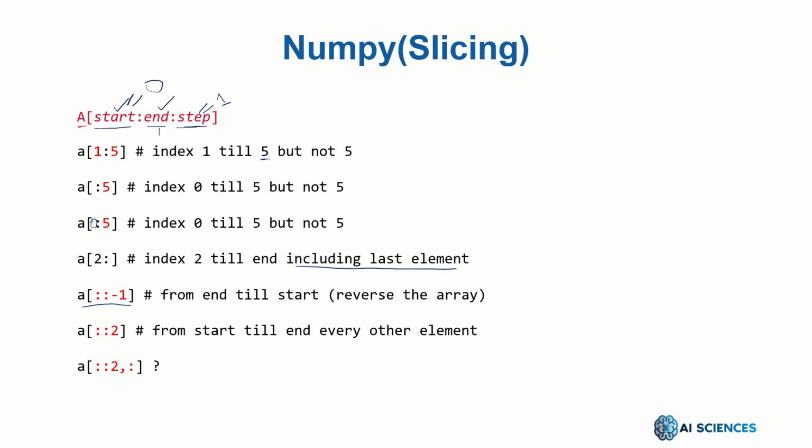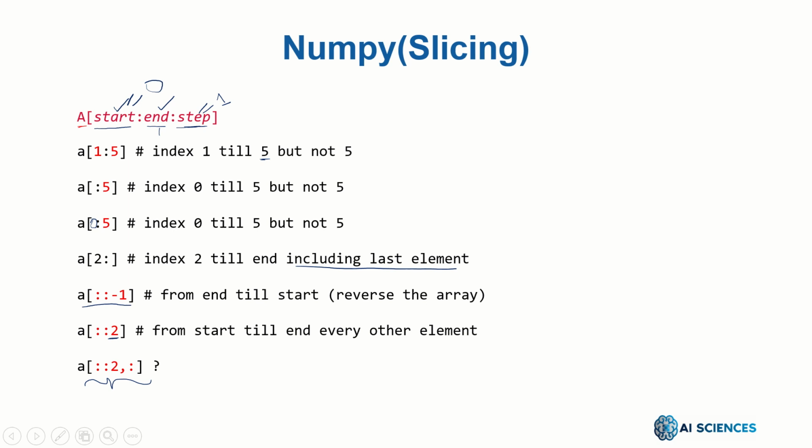So it will reverse the whole array. In this case, you take a jump of 2, and this particular one is an example of a two-dimensional array. If A is a two-dimensional array, then there are 2 indices, the first dimension index and the second dimension index.